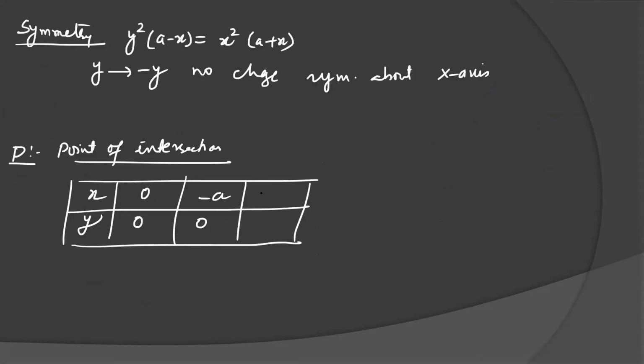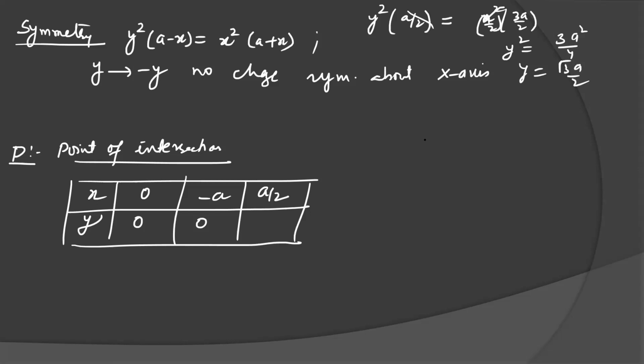If you take another point, suppose x equal to a by 2, then y square times 3a by 2 is equal to a by 2 whole square times 3a by 2. So a by 2 is cancelled once, and y square equal to 3a square by 4. So y equal to root 3 a by 2. It means it is greater than a by 2 actually.